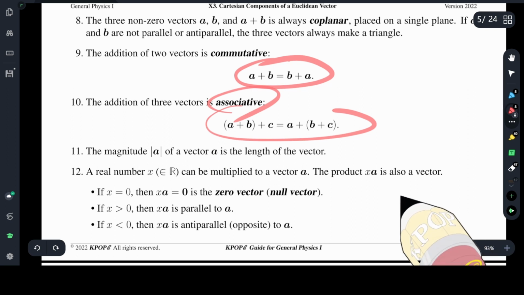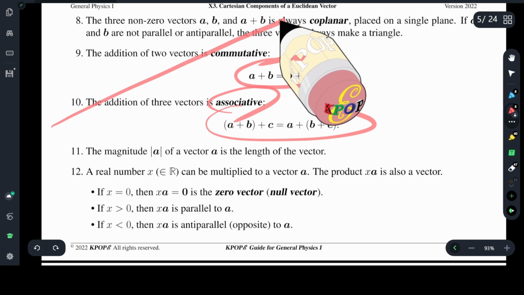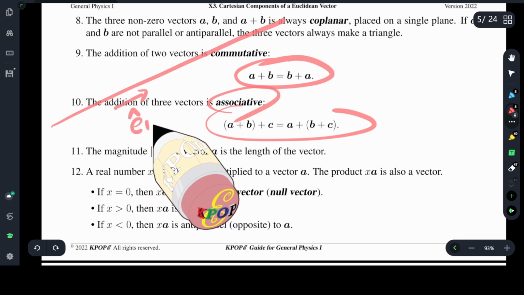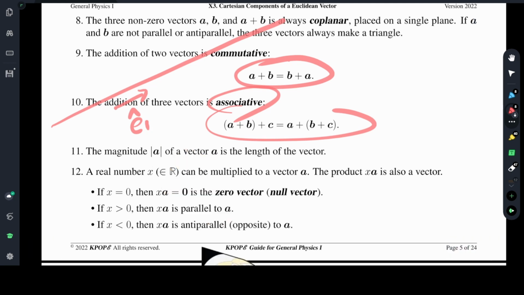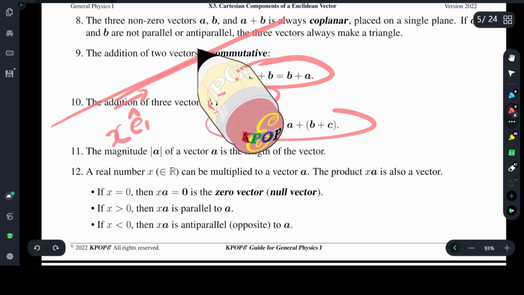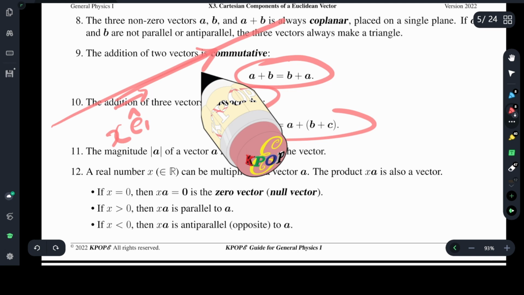This is the simplest example of a vector operation, but as you can see on the straight line, if I introduce a unit vector E1, I can find another vector by multiplying by a number. Multiplying by a number, I can elongate the vector.